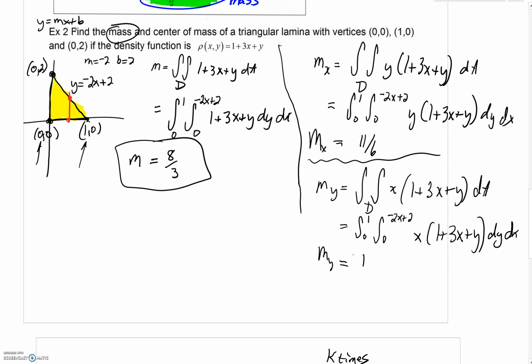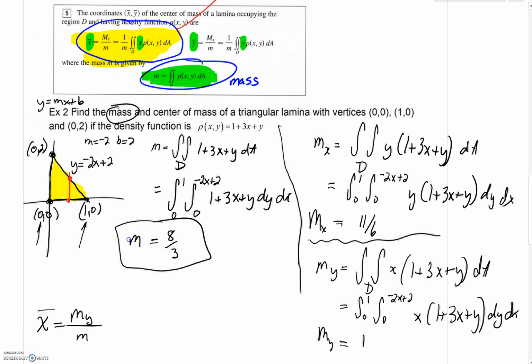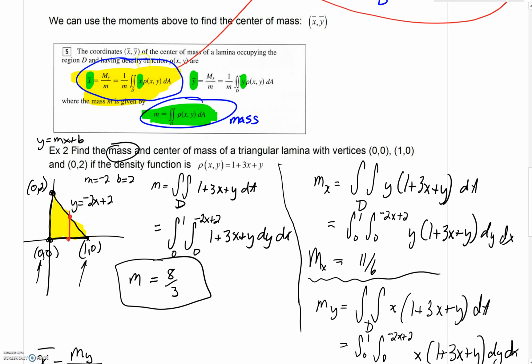Now, as we're finding the center of mass, x bar, of course, is going to be the moment about the y-axis all over the mass. And ultimately, you see this in yellow.